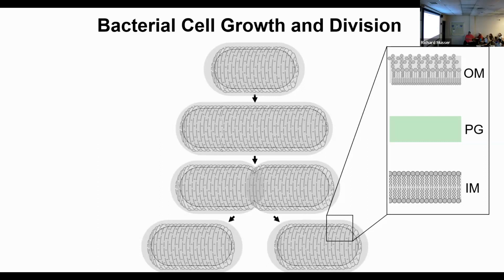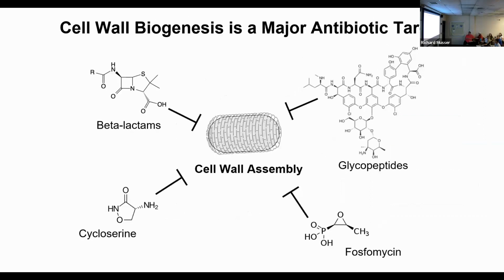Now, going back to the cell wall, that's what I'm going to be talking to you about today. The cell wall, as I mentioned before, is of vital importance to the bacterial cell. It is so vital to bacterial cells that it is a major antibiotic target. If you want to kill a bacteria, mess up its cell wall.